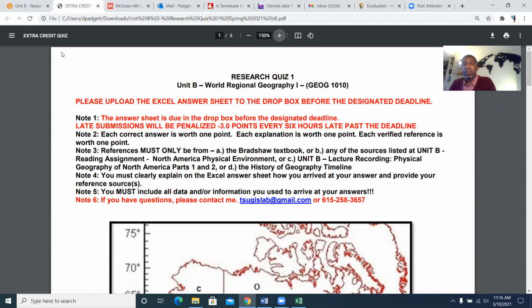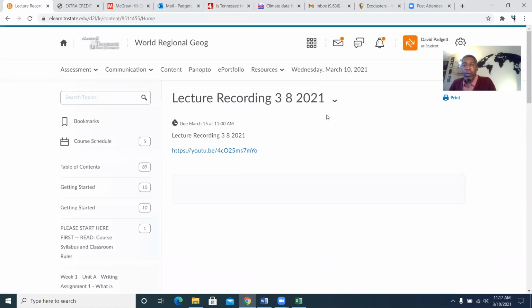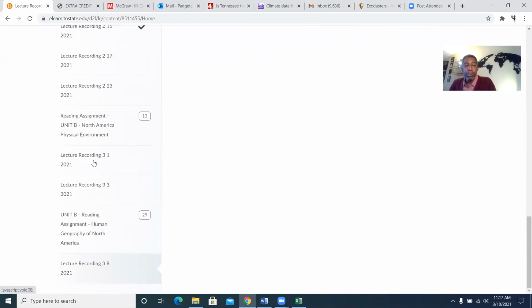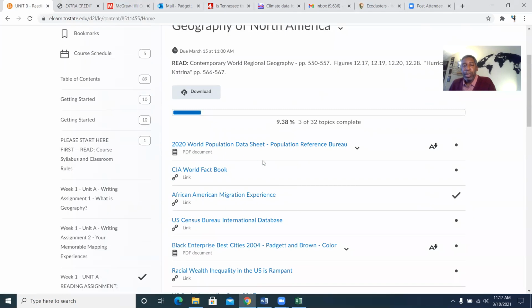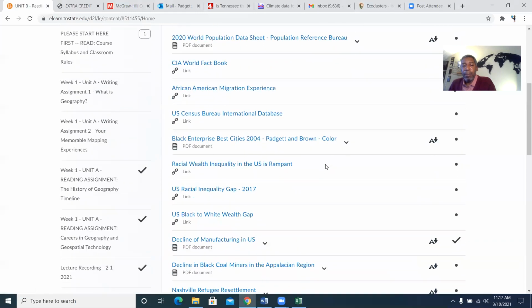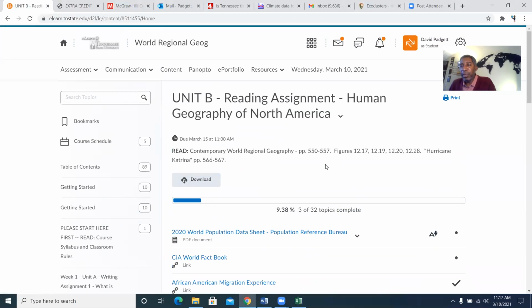All right. So let's get back into the topic for today. Today, of course, we are looking at the human geography of North America. Just to review, we spent time looking at the demographics of North America or the United States.